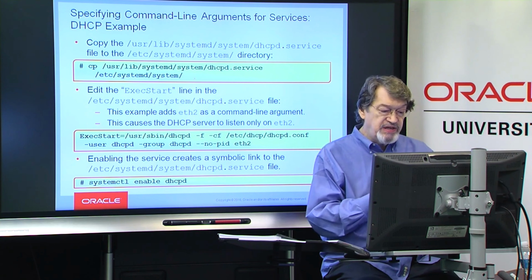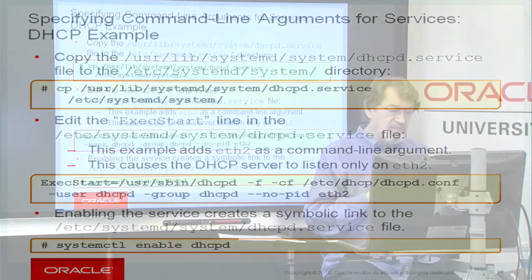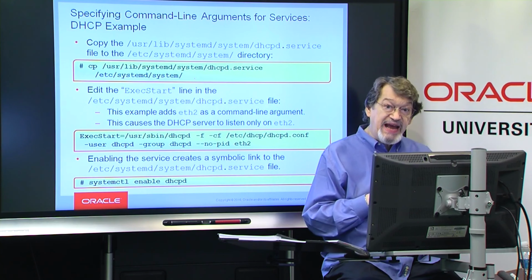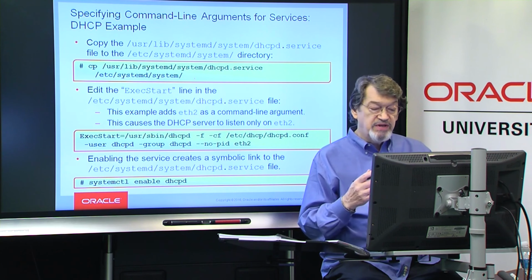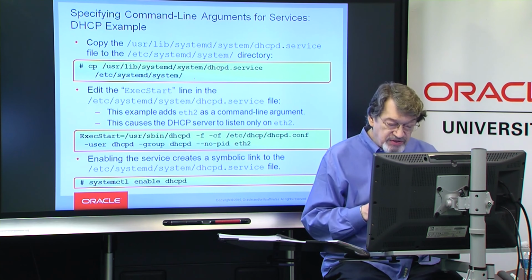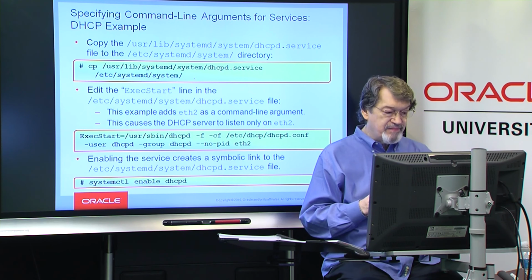And so this is the DHCP D daemon. And what we do is we copy that into a working directory /etc/systemd/system/ same file name. So dhcpd.service.